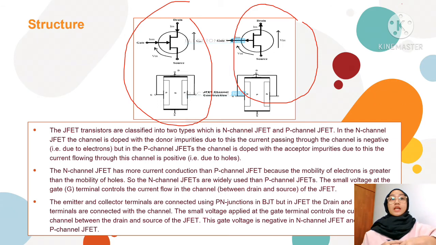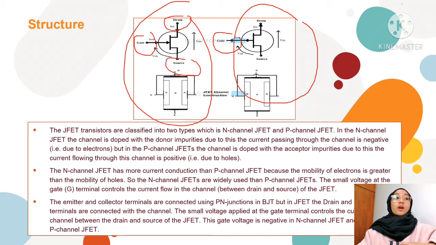The small voltage at the gate terminal, you can see here, this is the gate, controls the current flow in the channel between drain and source in JFET. As we know, in BJT, the emitter and collector terminals are connected using a PN junction. But in JFET, it is the drain and source terminals that are connected with the channel.